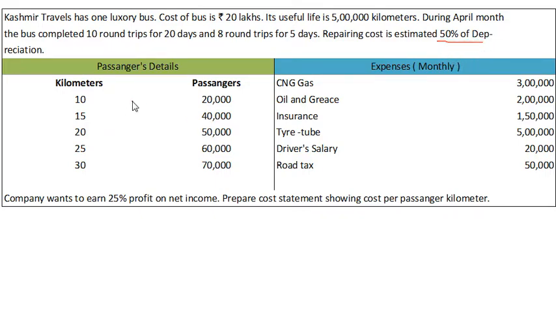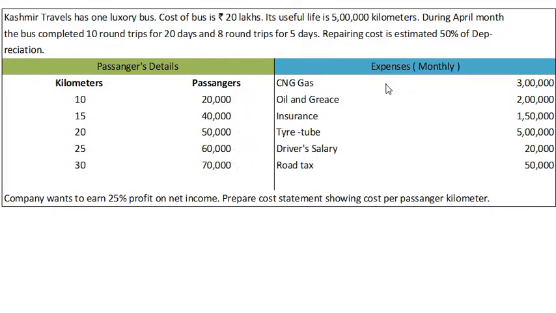Here we have information of passengers: up to 10 kilometers, 20,000 passengers, 15 kilometers, 40,000 passengers, 20 kilometers, 50,000 passengers, 25 kilometers, 60,000 passengers, and up to 30 kilometers, total 70,000 passengers run during this period of round trips.